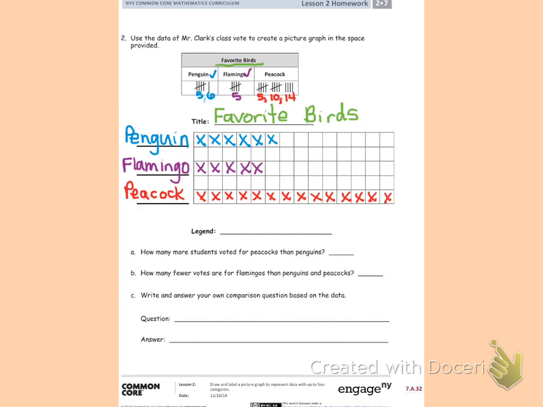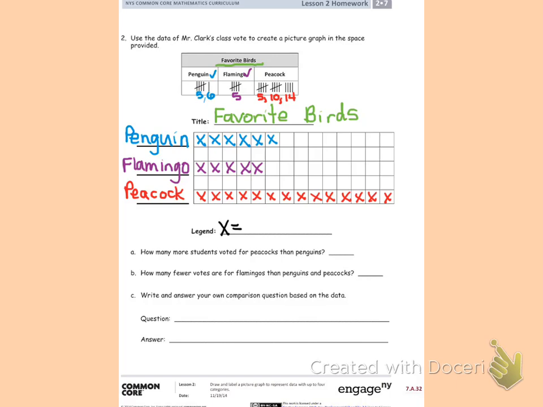Now I need to create the legend. The legend tells the reader what the X's mean. I'm choosing black so that no one ties the color to the actual legend meaning.